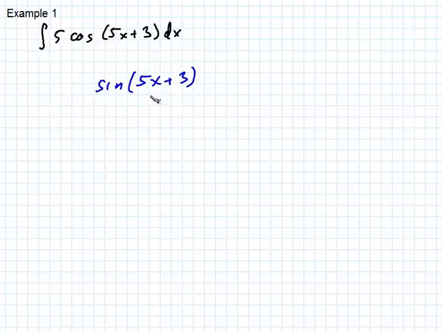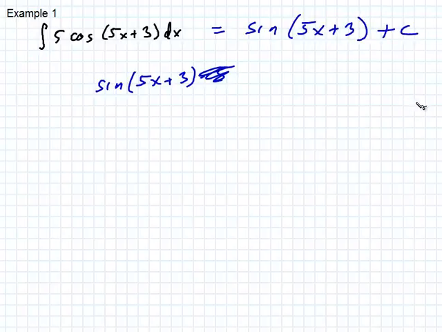And so if I start with that and take the derivative of this, the derivative of the sine is the cosine, but with the chain rule, I would bring out a 5. And notice that 5 happens to already be there, so we're home free. So that's what we need. So this integral would be the sine of 5x plus 3. Don't forget to say plus a constant.